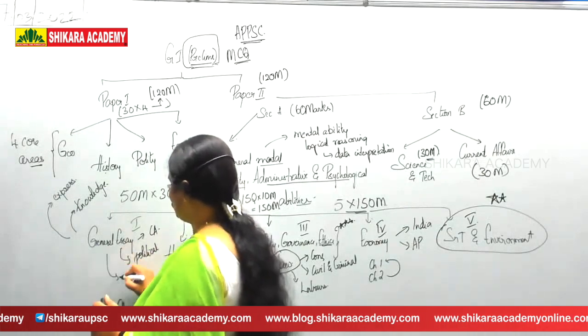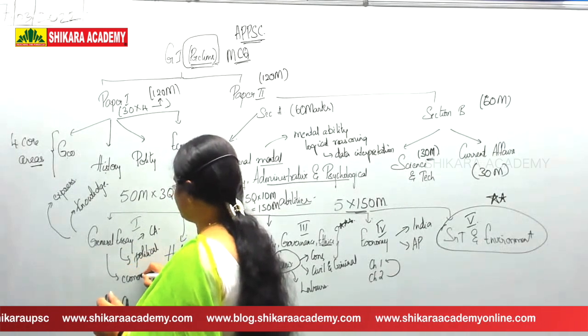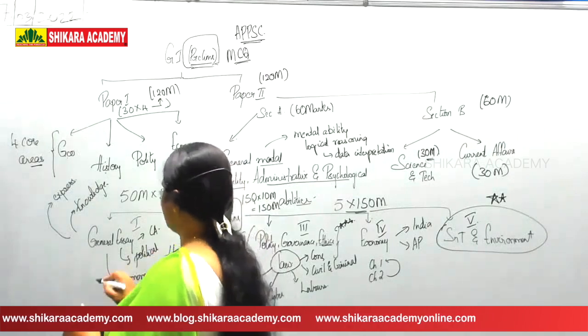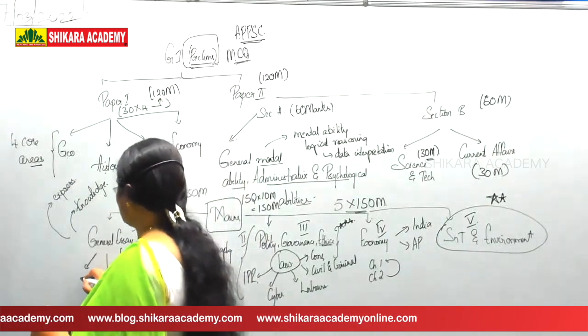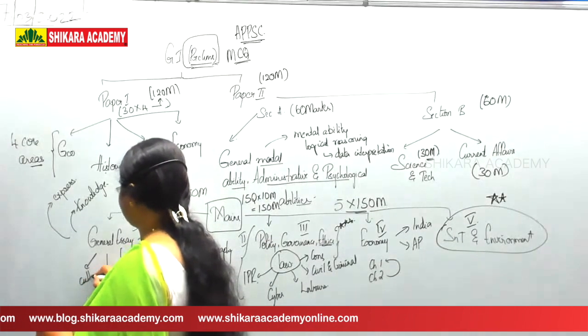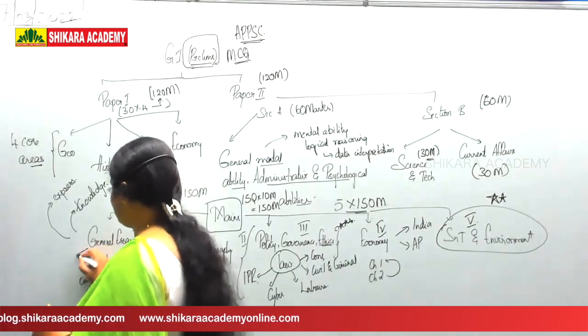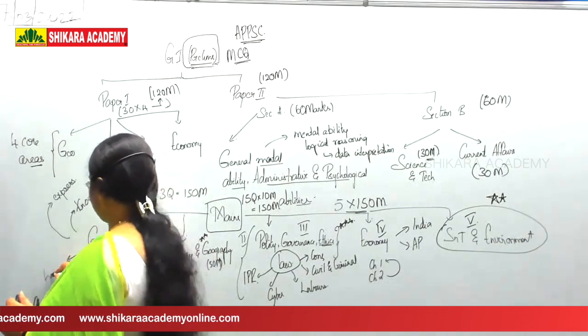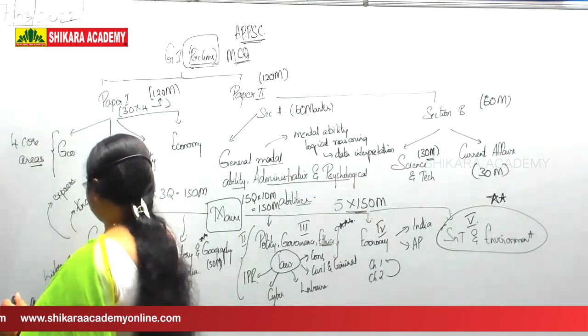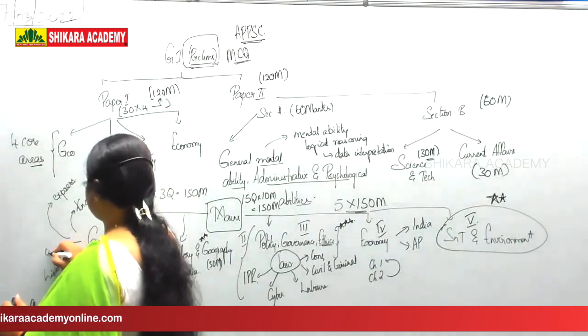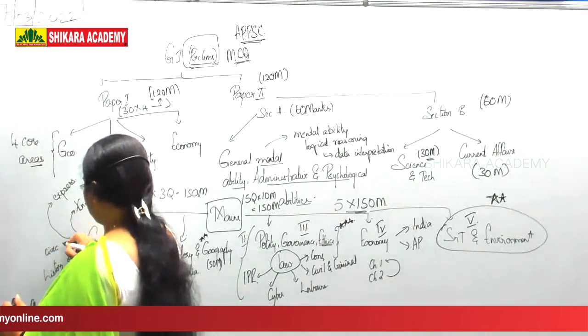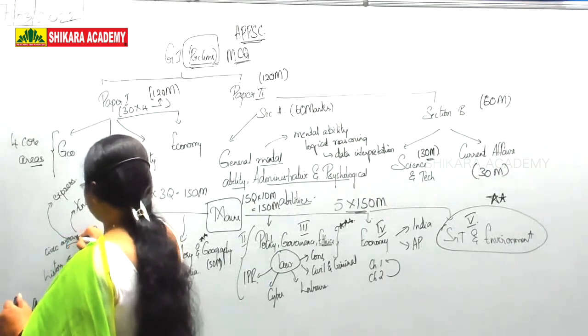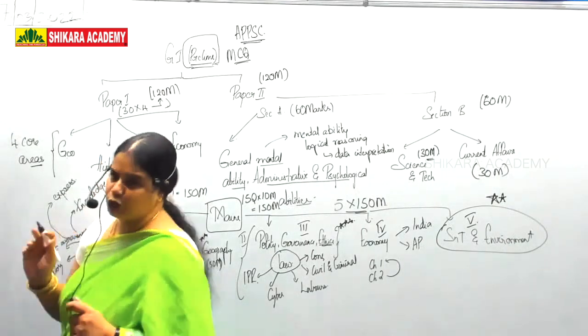They say socio-economic issues. Then they talk about socio-cultural issues. Then they talk about history. Things related to civic awareness. So like this, they have broadly given the topics that you should know for general essay.